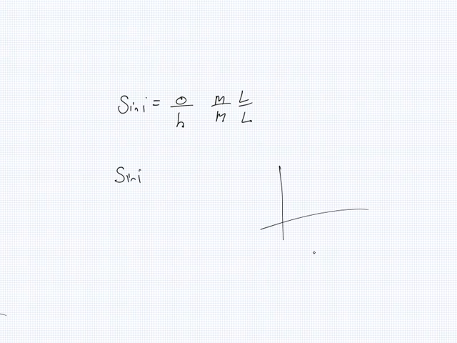So this one is the water and this one is the air. That's different because then you can also get a critical angle, right? 20, 30, about 40 something, isn't it? 40.